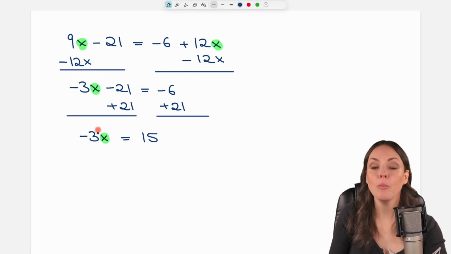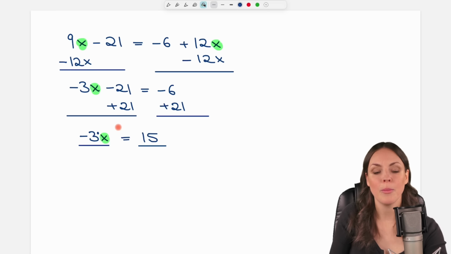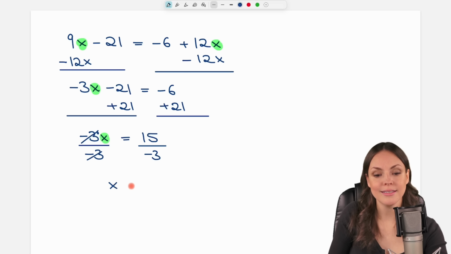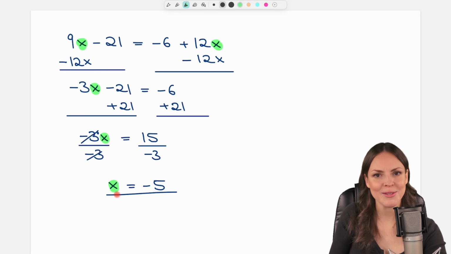So instead of multiplying, we just divide both sides of the equation by this -3, so that this will be gone here, but we also have to do it on this side. Okay, here the -3 cancels out and only the x is left, which is great. And here 15 over -3 equals -5, and we found our solution for our x.